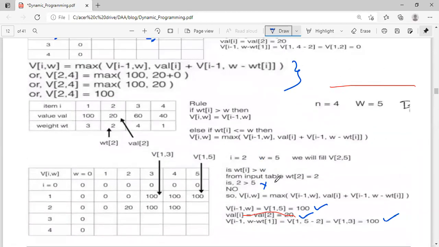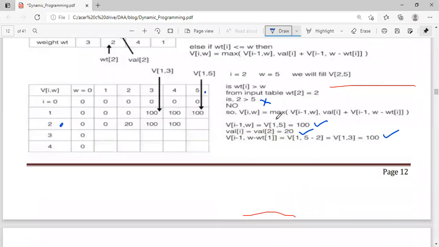Now the value is going to be changed here. Let's see how. Here WT of I, now the cell is 2 comma 5, and I need to find the value of this. Is 2 greater than 5? No, this is false. When it is false, again we divide, and we take 1 comma 5. What is 1 comma 5? It is 100.